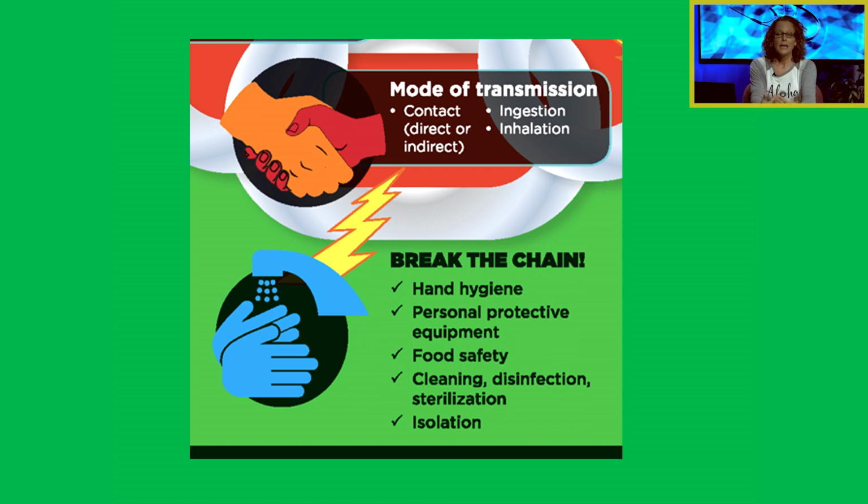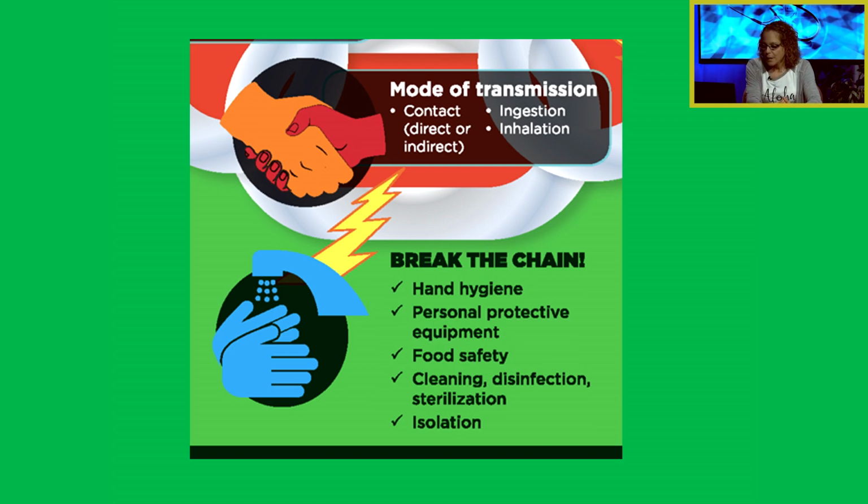We know that in the case of COVID, just breathing, the air around us can contain the virus, which then comes in through our mouth, through our nose, through our eyes, and then we get infected.